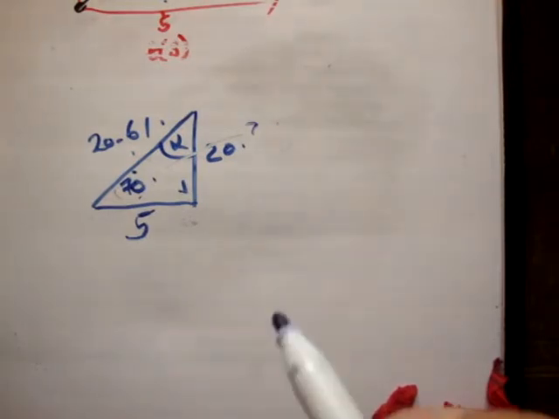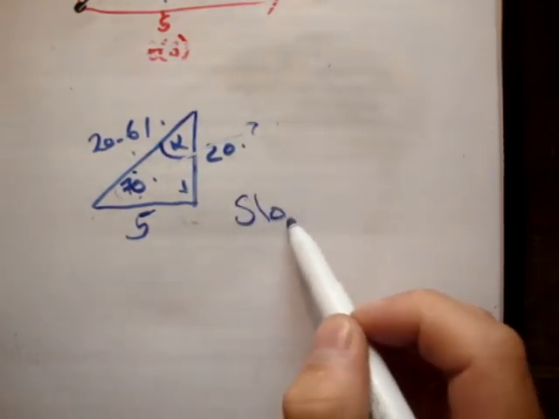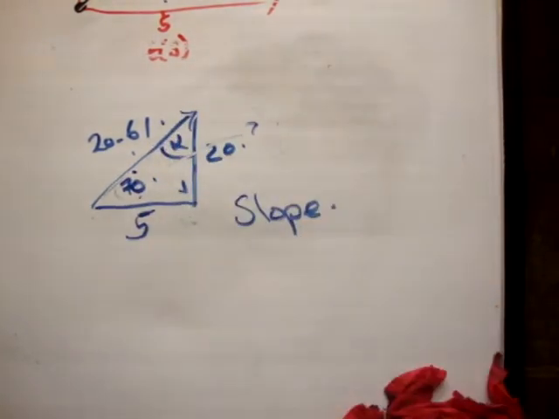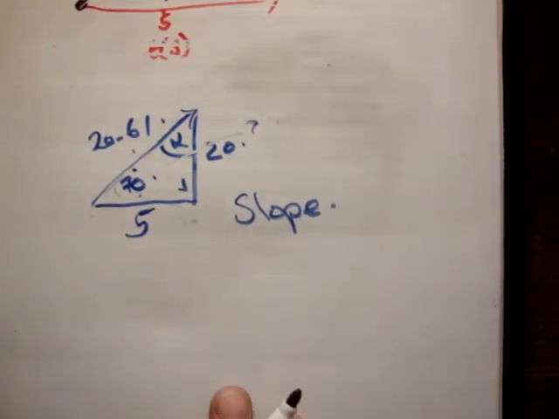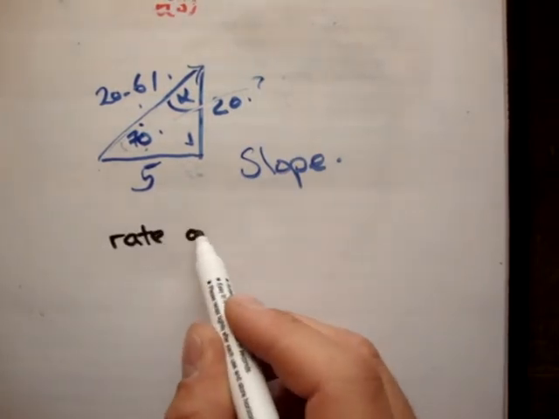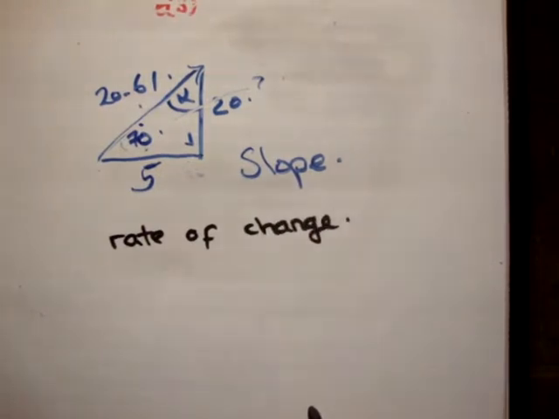I'm going to tell you that the acceleration actually corresponds to the slope of this line here. So how do you get the slope? Well, first of all, what is the slope? The slope is the rate of change.